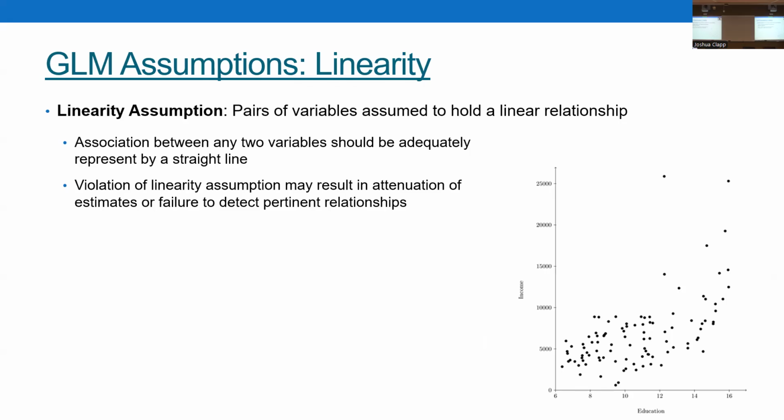Certainly, it could be just what we're seeing in these data, but I also have a reason to believe that might be a valid form of that association. So I'm on sounder footing here.